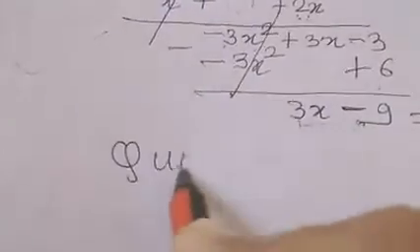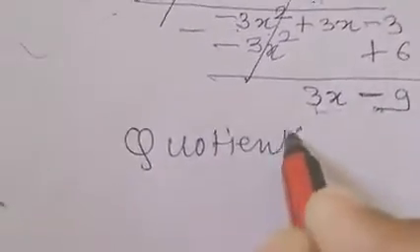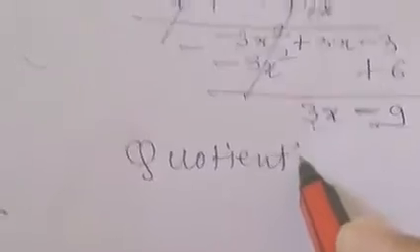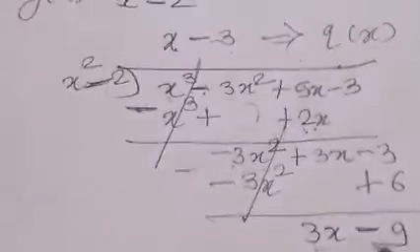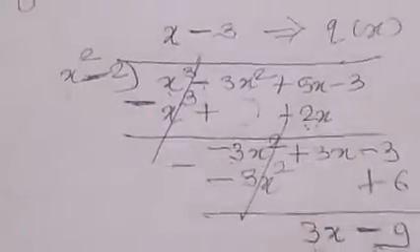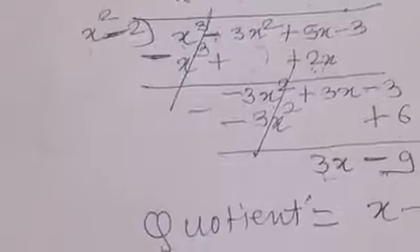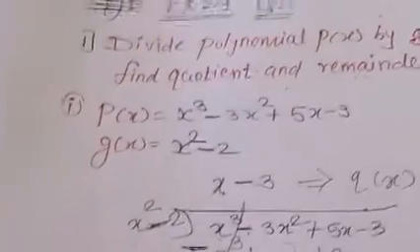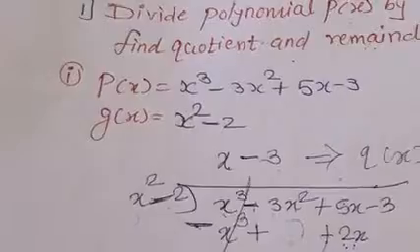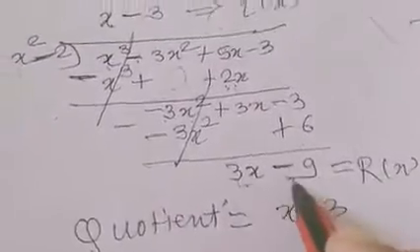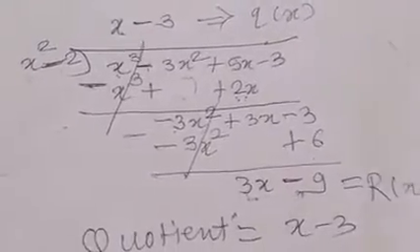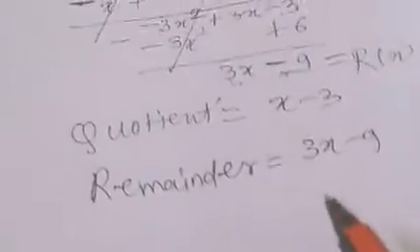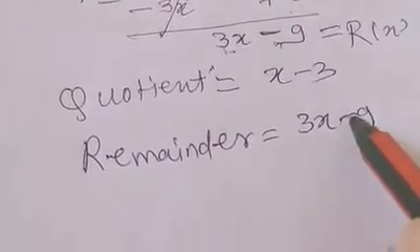Then at the end we write quotient equal to, what is the quotient? x minus 3. Next is remainder. What remainder is given? 3x minus 9. Got this? This is the end of this division.